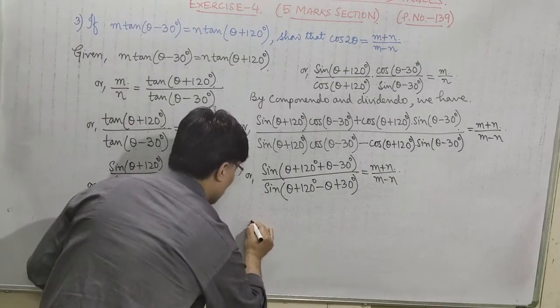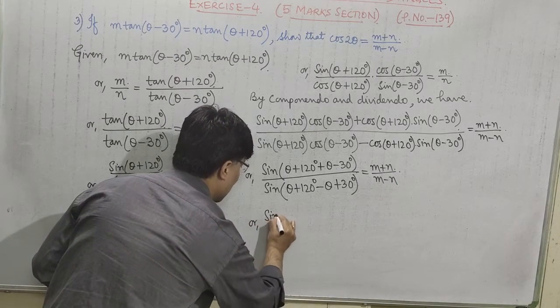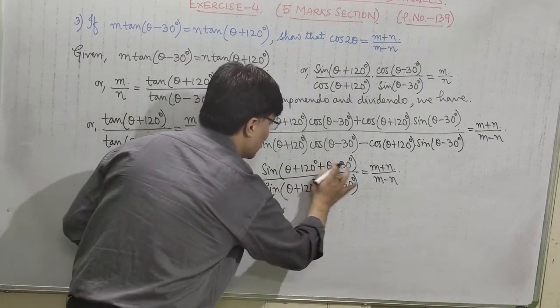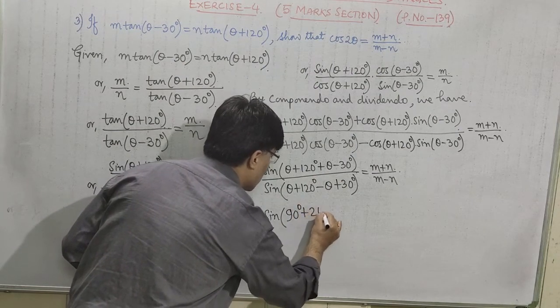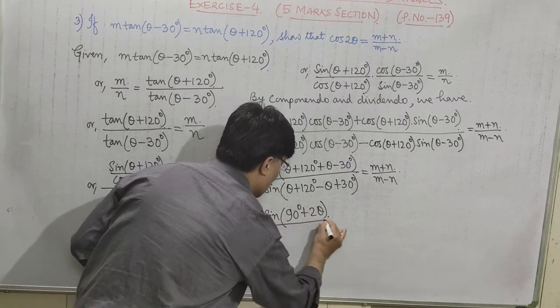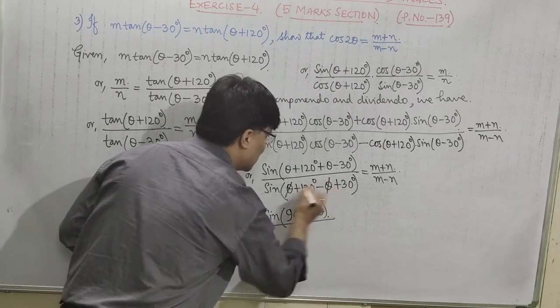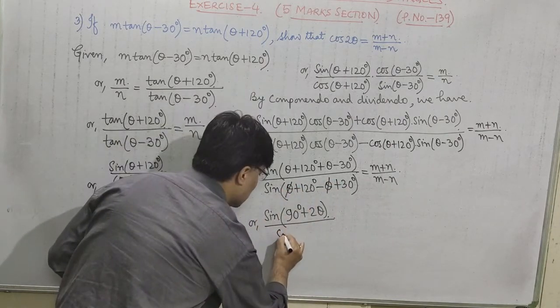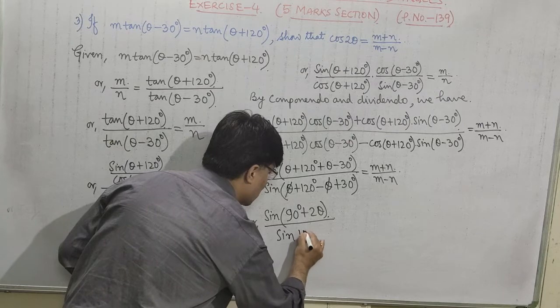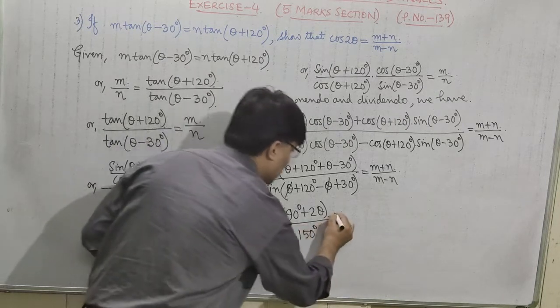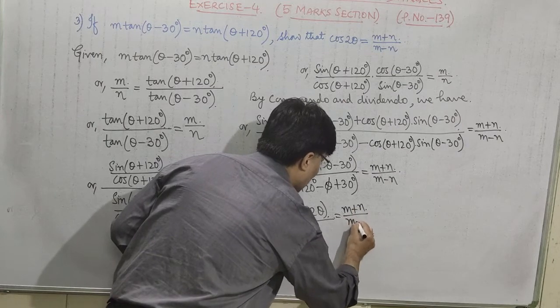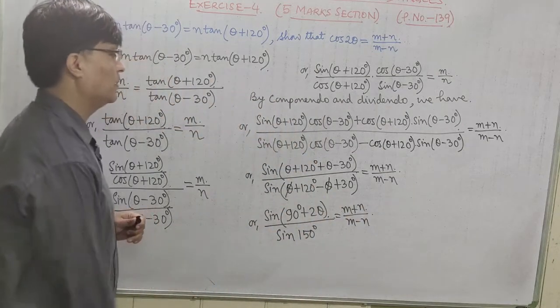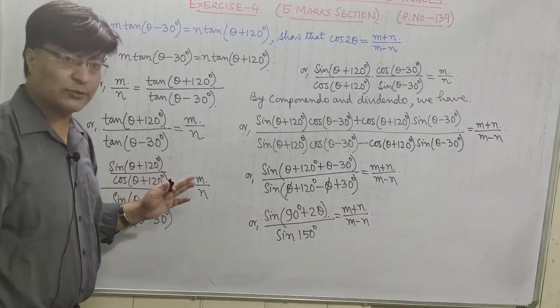Now this is sine of 120 plus 90... this is 120 minus 30, that is 90 degree plus theta, which is twice theta, divided by, here theta gets cancelled. So this is sine of 120 plus 30 is 150 degree, is equal to m plus n upon m minus n.